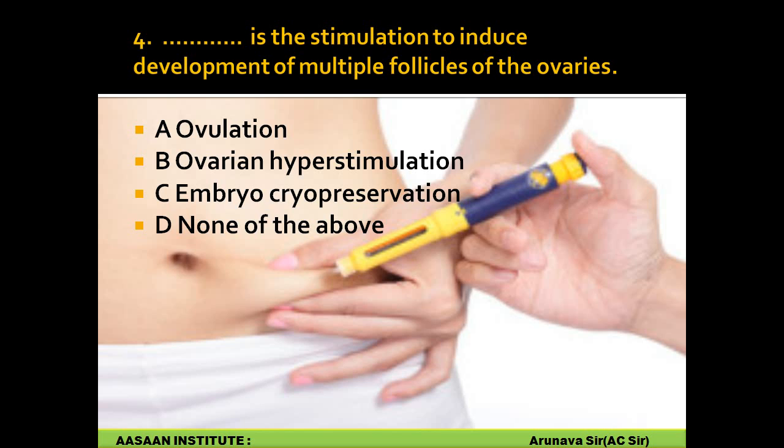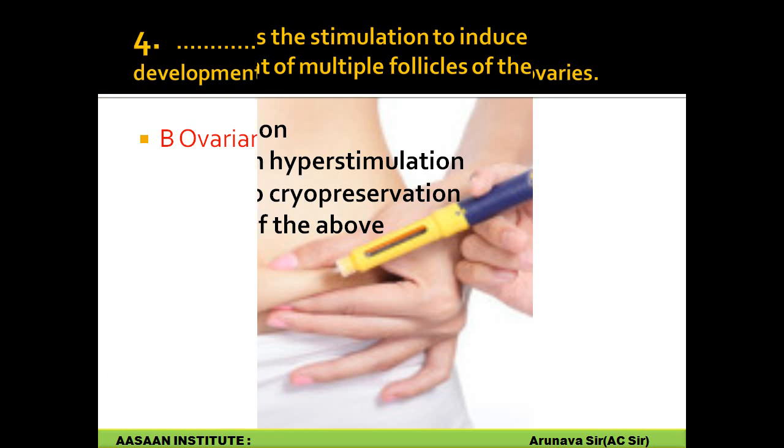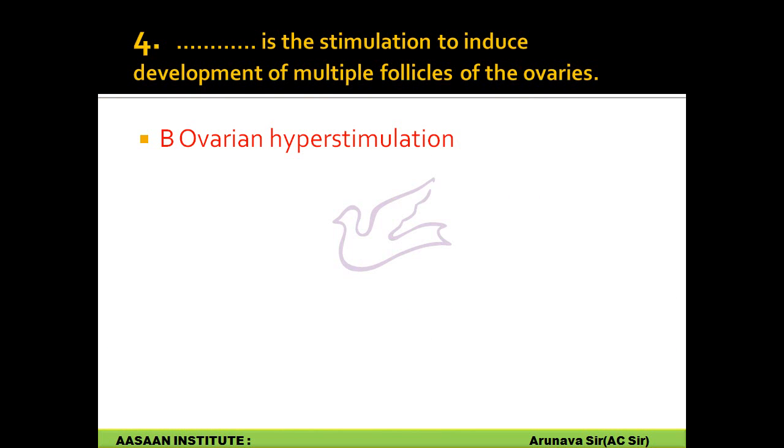But how is it possible? By ovarian hyperstimulation. That means we inject hormones which stimulate the ovary function and produce multiple follicles. So in question number 4, ovarian hyperstimulation is the right option.